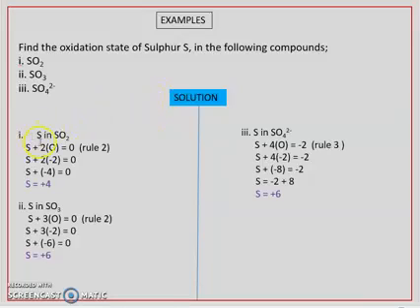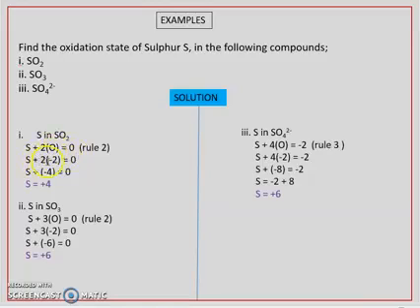Solution. The first one says oxidation state of sulfur in SO2. Remember, this is a compound, so the sum of the oxidation states will give you 0, because there is no charge on this compound. So sulfur plus 2 oxygen equals 0.